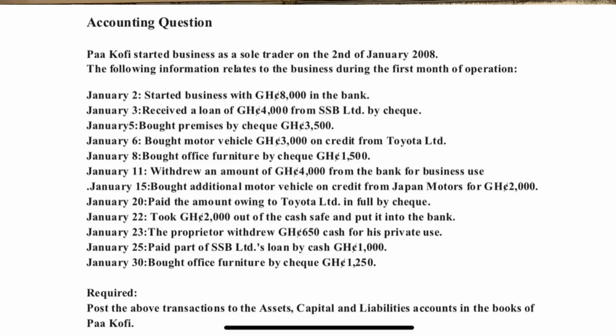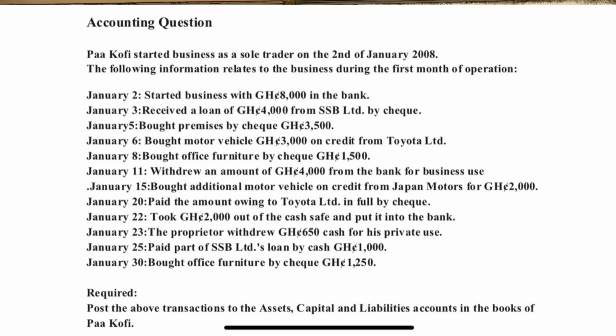On the 3rd of January, received a loan of 4,000 Ghana cedis from SSB Limited by cheque. On the 5th of January, bought premises by cheque, 3,500. On the 6th of January, bought a motor vehicle for 3,000 Ghana cedis on credit from Toyota Limited. On the 8th of January, bought office furniture by cheque, 1,500 Ghana cedis.